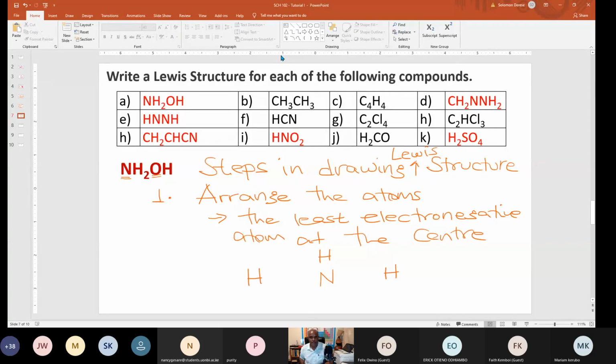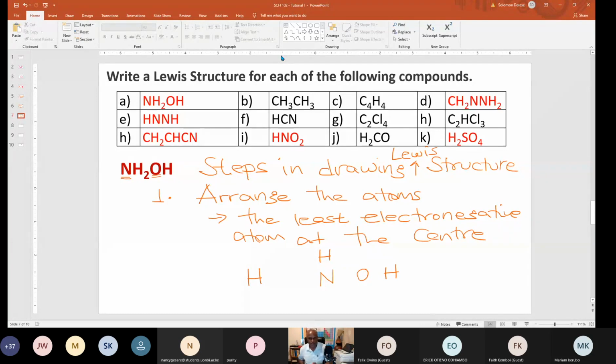Of course, the oxygen cannot be on this side. If you put oxygen on this side, the hydrogen will be surrounded by more than 1 atom. So the oxygen can be here. Then when you look at this, the hydrogens are on the outside. The nitrogen is surrounded by not more than 3 atoms: this hydrogen, the other hydrogen, and this oxygen.